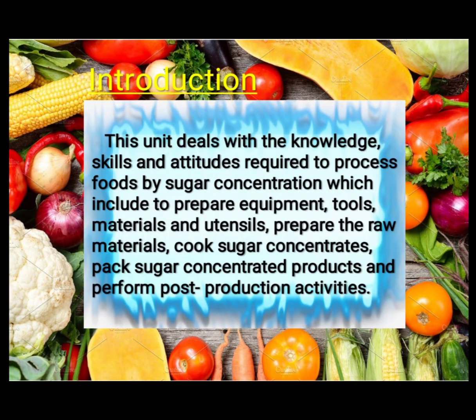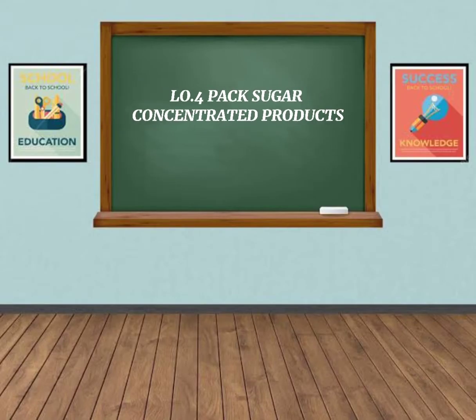These units deal with the knowledge, skills, and attitudes required to process food by sugar concentration, which include preparing equipment, tools, materials, and utensils, preparing the raw materials, cooking sugar concentrates, packing sugar concentrated products, and performing post-production activities. Learning outcome number 4.